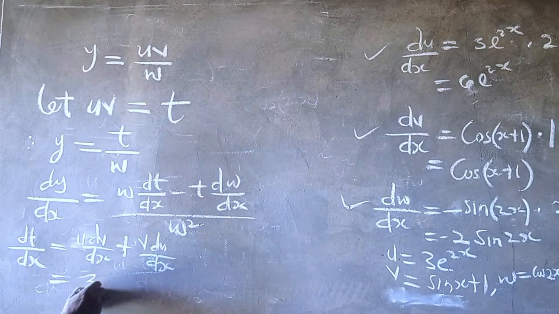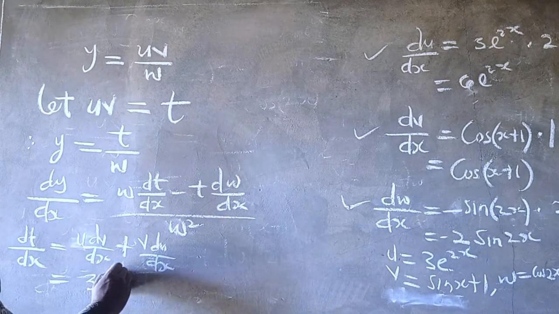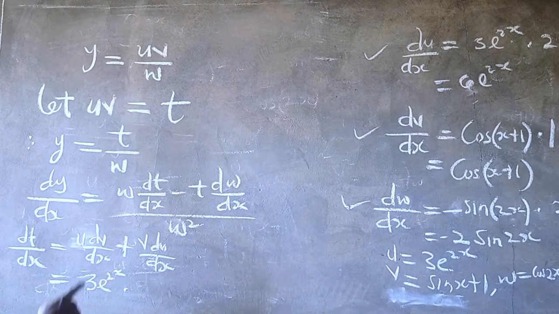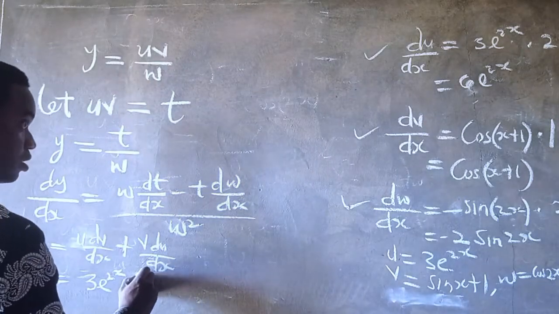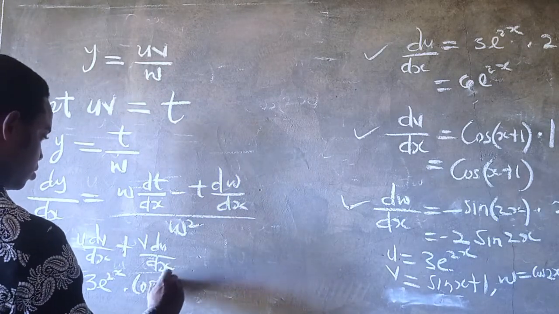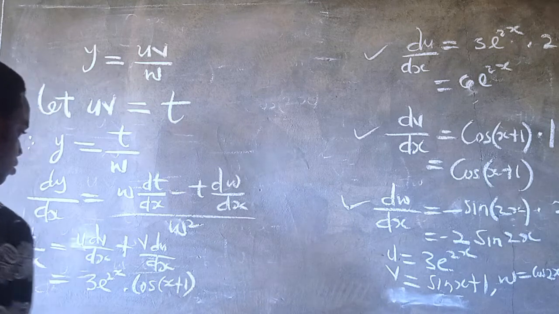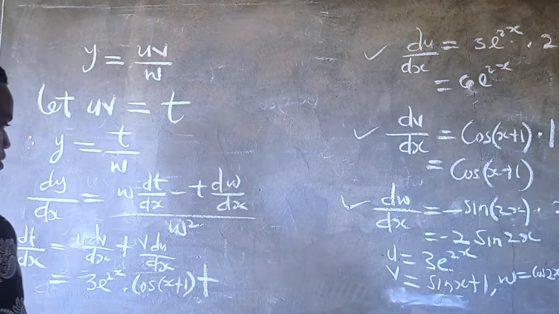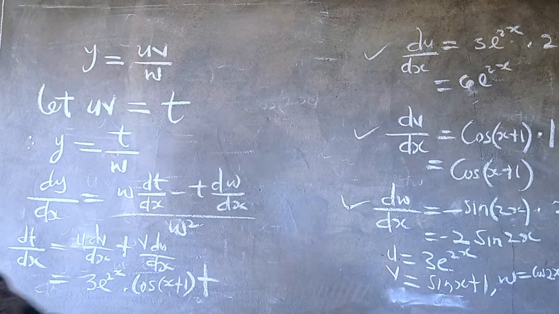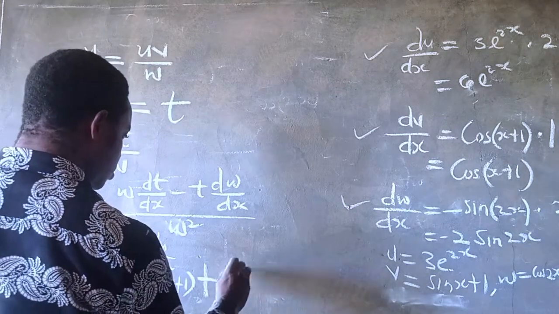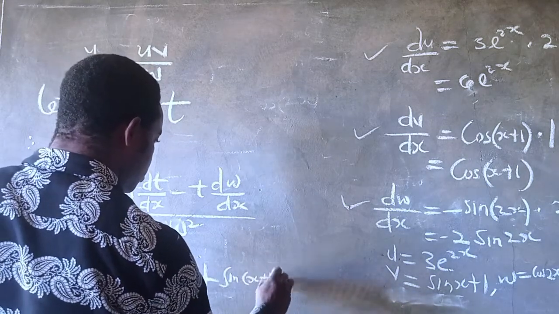You notice t is a product of two functions. What is u? 3e to the 2x power. And what is dv/dx? That is cos(x + 1). And plus, what is v? v is sine of (x + 1).